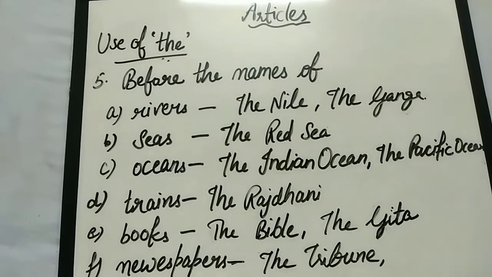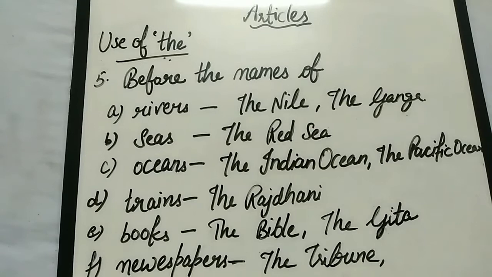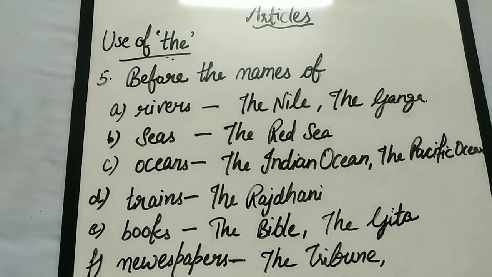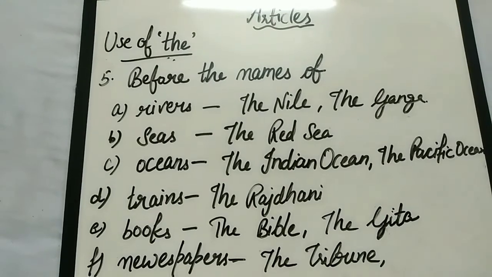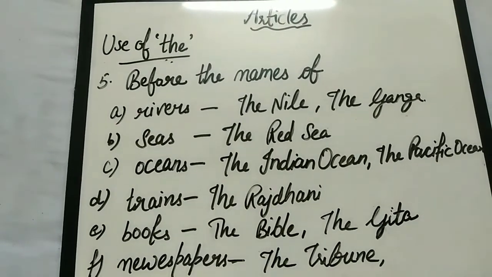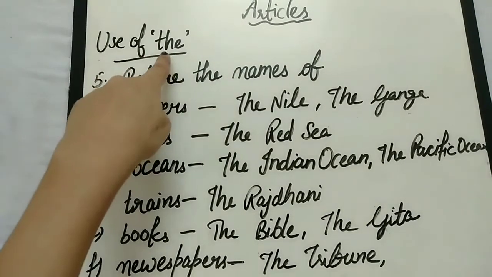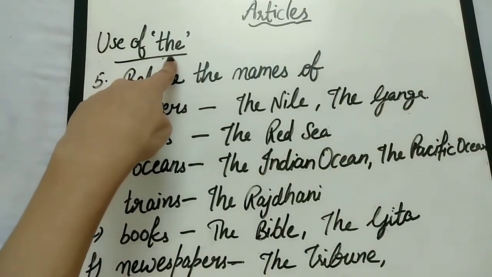So these are certain specific places, objects, and mountain ranges. Before the names of all these, we use the specific version of the noun, or the specific article, which is also known as the definite article the.